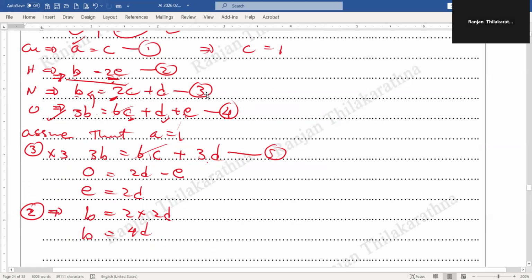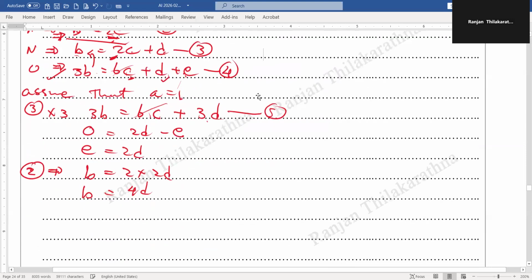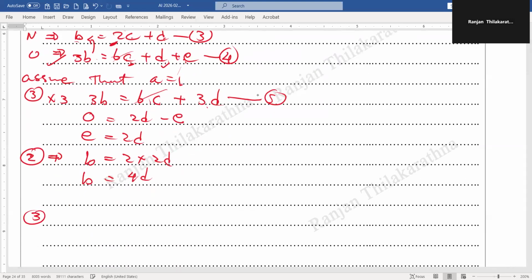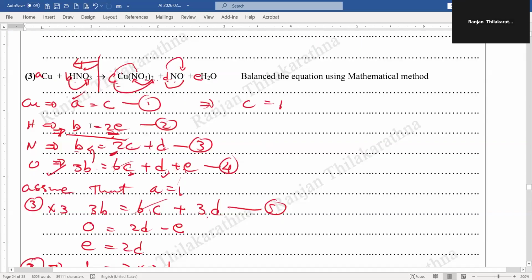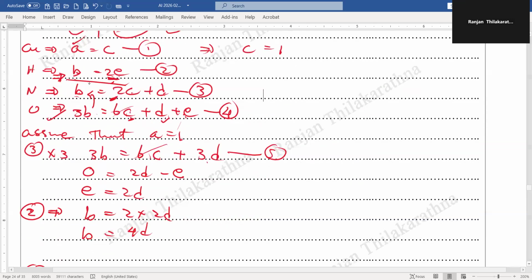From the third equation, you can get it easily. Right? From the third equation, B equals 2E. From these two, I can get like this. Instead of that B, I can put 2E. This will give us 2E equals 2C plus D. And also we know that from this equation, E equals 2D.